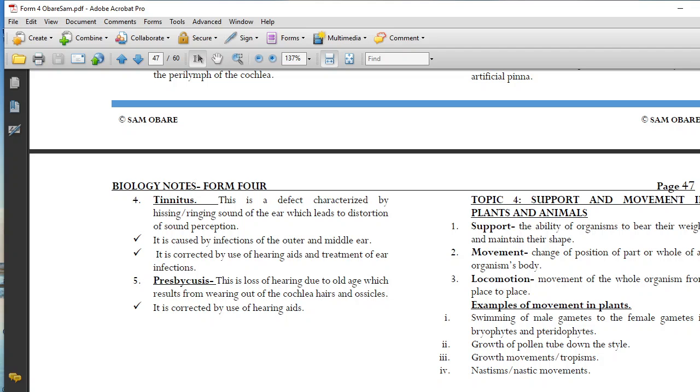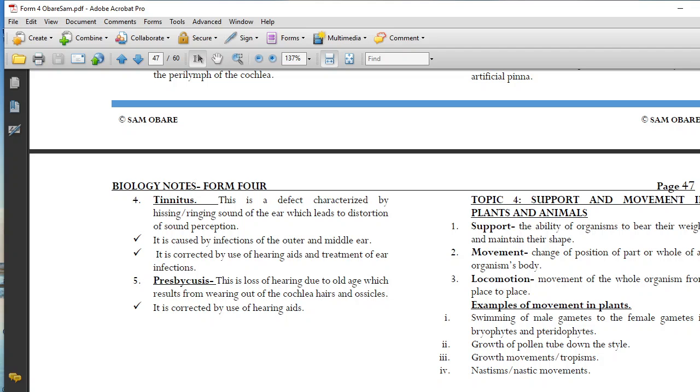Now, I keep on saying that even as we move to each of these topics, even as we begin each topic, these topics are not arranged the way they are arranged in the entire syllabus from Form 1 up to Form 4 by chance. They tell a story about the living organism. Because as we've come in, we are told biology is the study of living organisms or the study of living things.